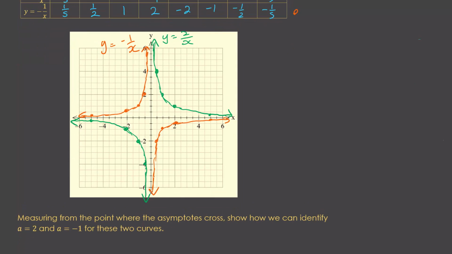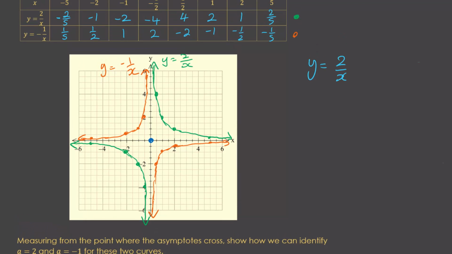Measuring from the point where the asymptotes cross, which is just here, show how we can identify a equals 2 and a equals -1 for the two curves. So our first curve is y equals 2/x. Now remember, the general curve that we were looking at was y equals a/x minus b.